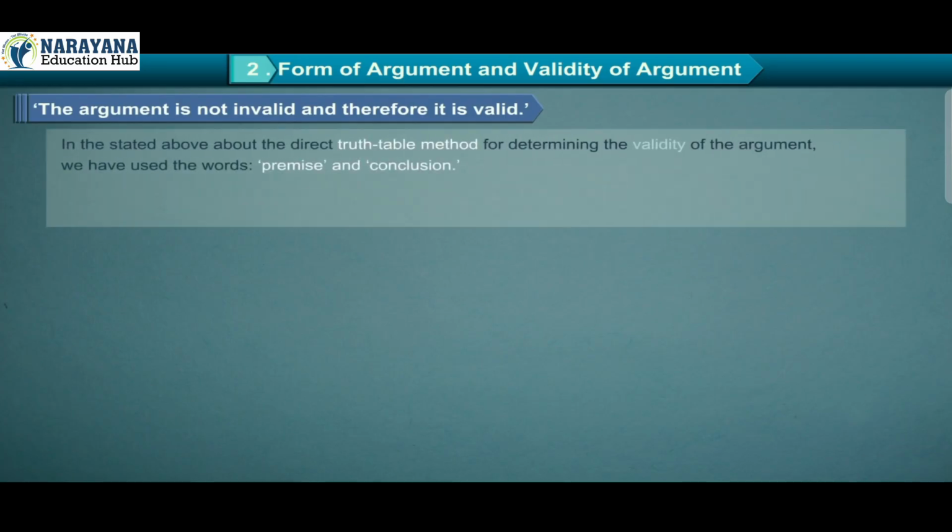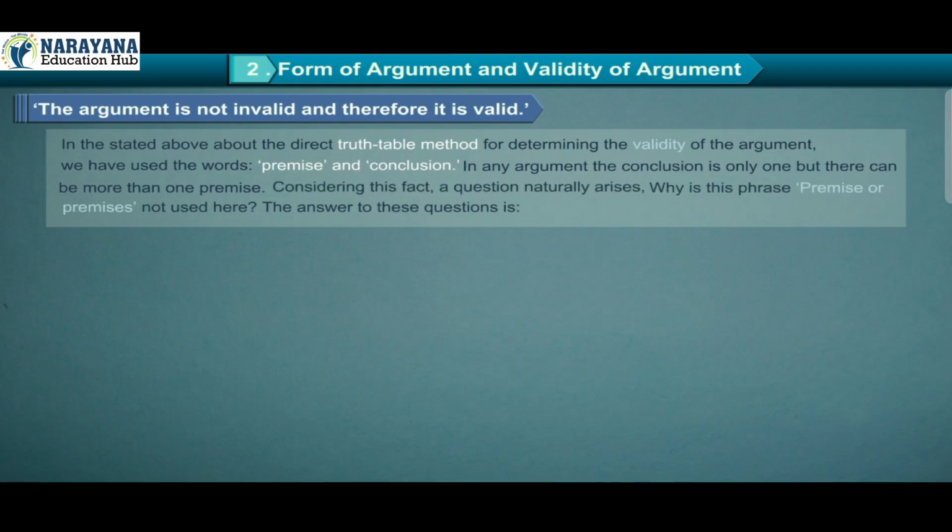In the description stated about the direct truth table method for determining the validity of the argument, we have used the words premise and conclusion. In any argument, the conclusion is only one, but there can be more than one premise. Considering this fact, a question naturally arises: why is the phrase premise or premises not used here?